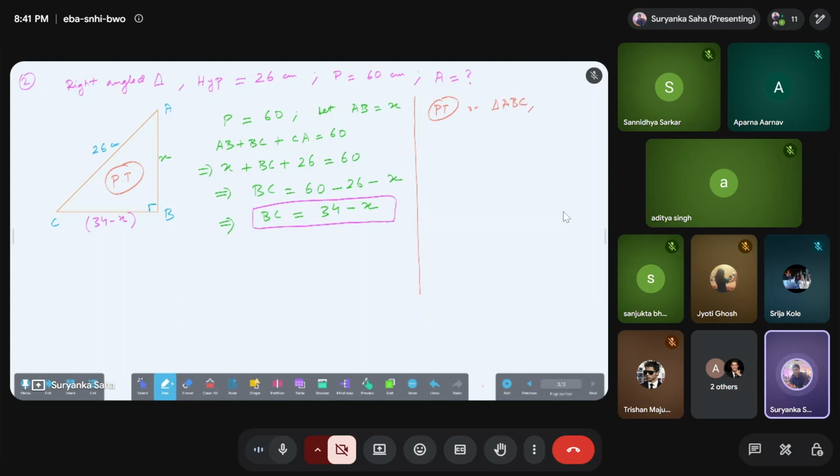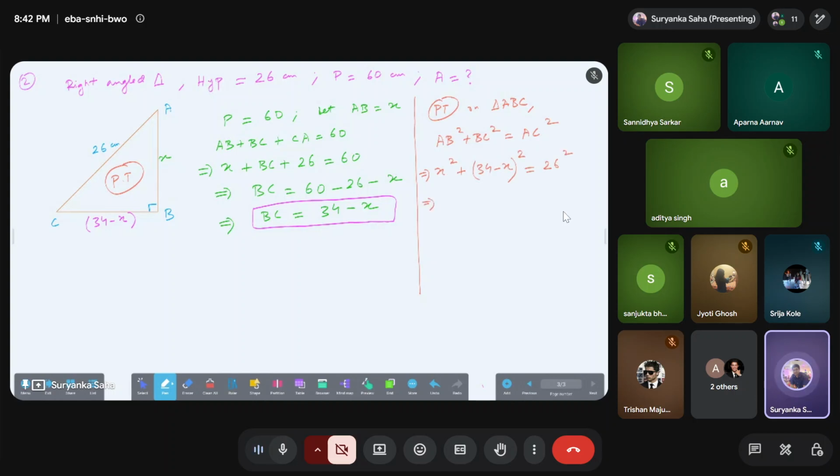We will get AB square plus BC square equal to AC square. What is AB square? x square. BC square is 34 minus x whole square. AC square is 26 square.